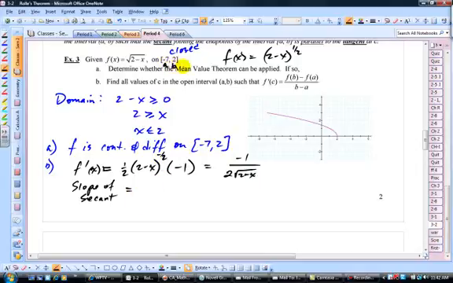So it's f of 2 minus f of -7, all divided by 2 minus -7. That's f of b minus f of a, all divided by 2 minus -7.